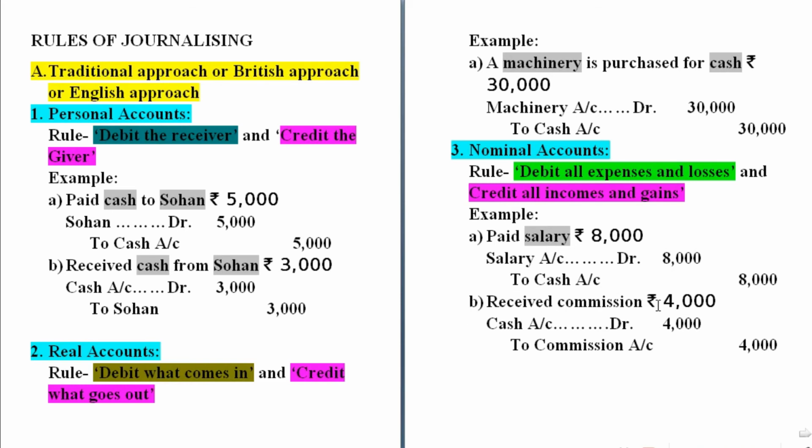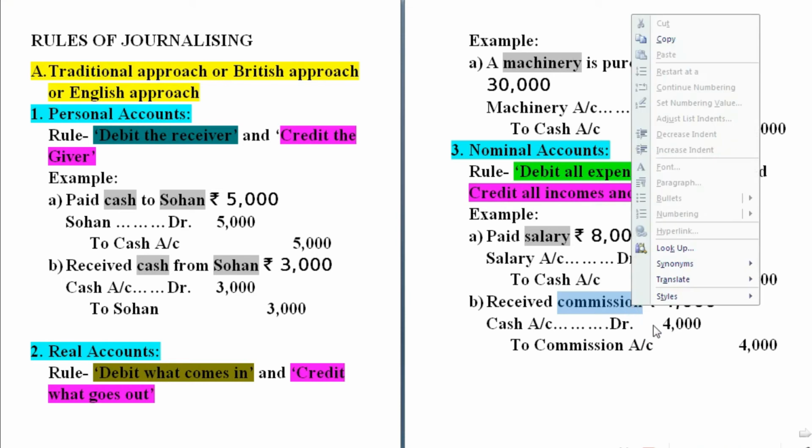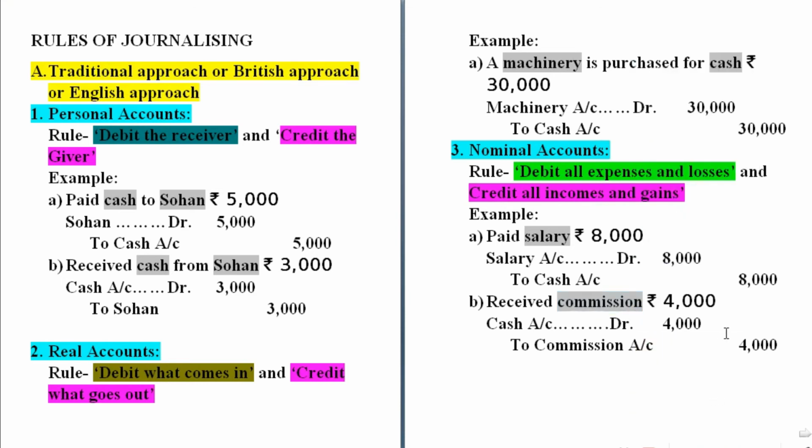Second, received commission 4,000. Here we are receiving commission, so commission becomes our income or gain. When we are receiving commission, according to the nominal account, we have to credit the commission because it is becoming our income or gain. And what is coming in? Cash.